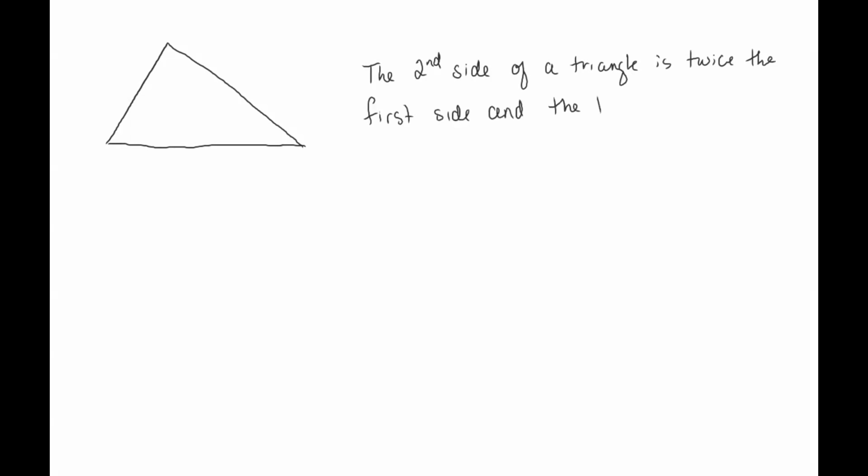And let's see, the second side of a triangle is twice the first side. And the third side is 3 less than the first.